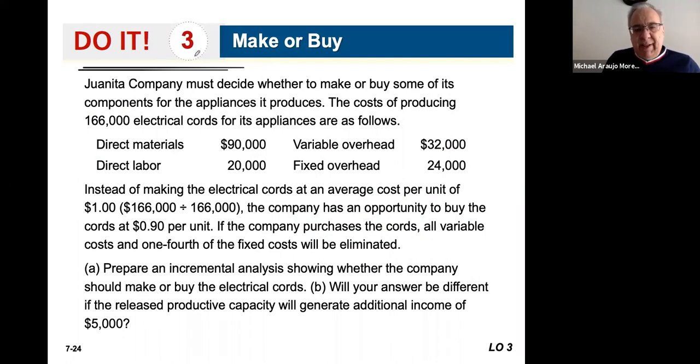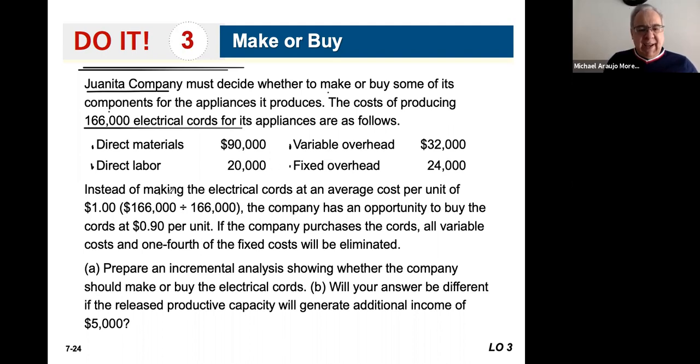So here's our final example, make or buy with Juanita Company. They need to decide whether to make or buy some components for the appliances. The cost of producing 166,000 electrical cords for its appliances has $90,000 of direct materials, $20,000 of direct labor, variable overhead of $32,000, and fixed overhead of $24,000.